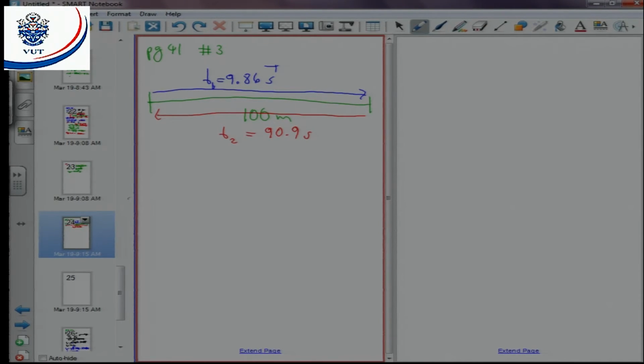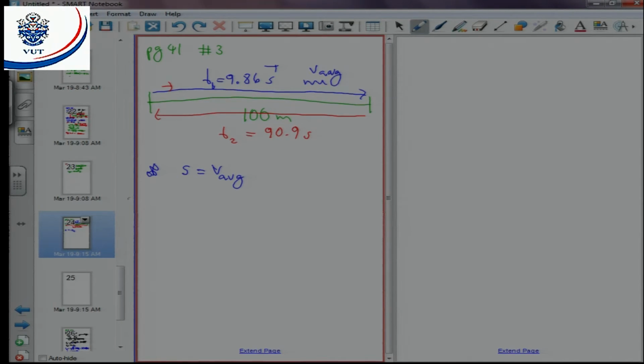So now you can see that for the forward trip, which is over there, let's use blue again. So for the forward trip, we have S is equals to V average for this trip. So we want the average speed for this trip. So S is Vt because we are using average speed.